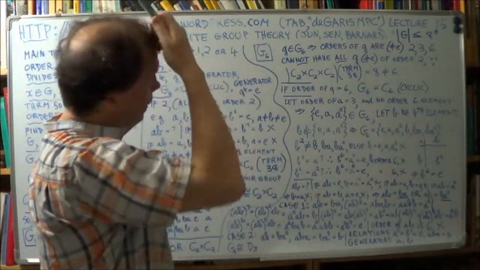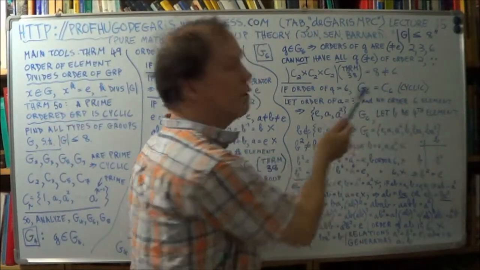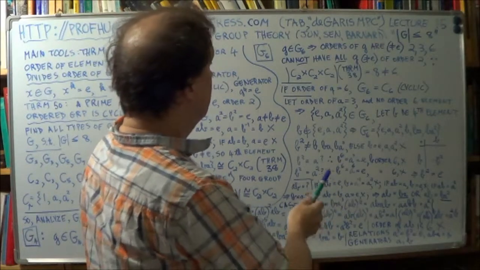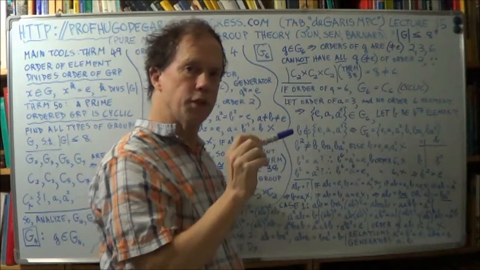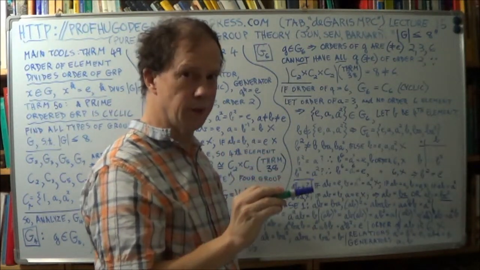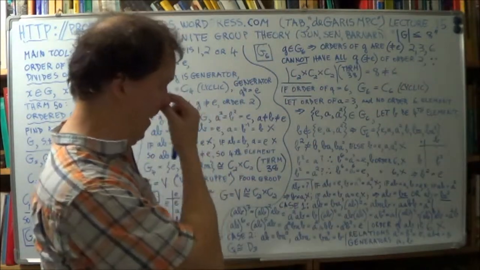if one element or more has order 6, then we have the cyclic group. Okay? So we've found one, at least, of order 6. It's the cyclic group. Alright? So let's eliminate that possibility. So now we're considering the possibility that there are no elements of order 6. So that only leaves 3 and 2. Okay?